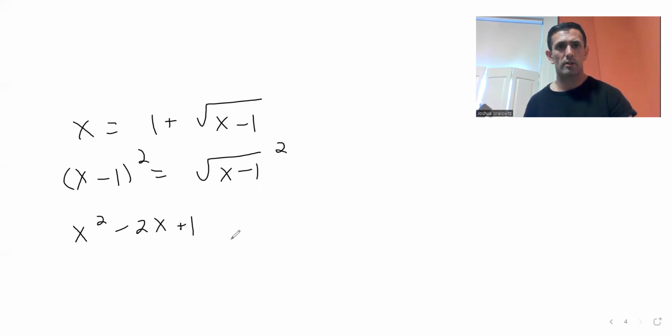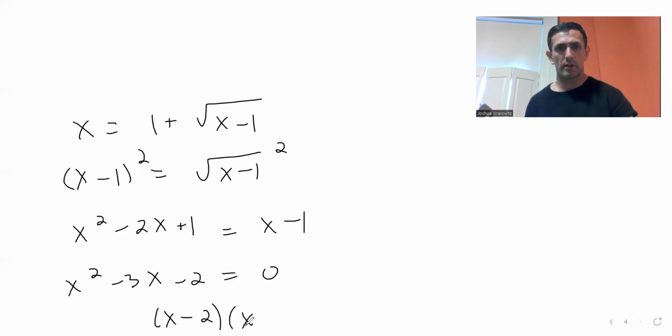Now square this, gets rid of the square root. x squared minus 3x plus 2 is 0. So we have x minus 2 times x minus 1 is 0.